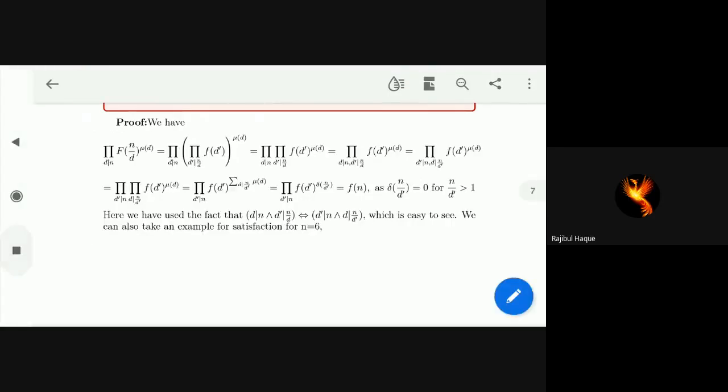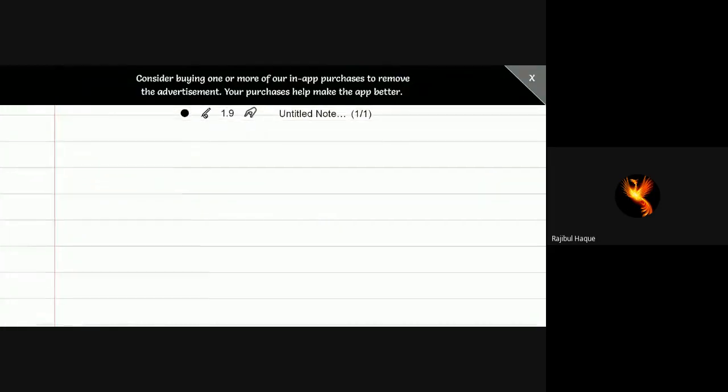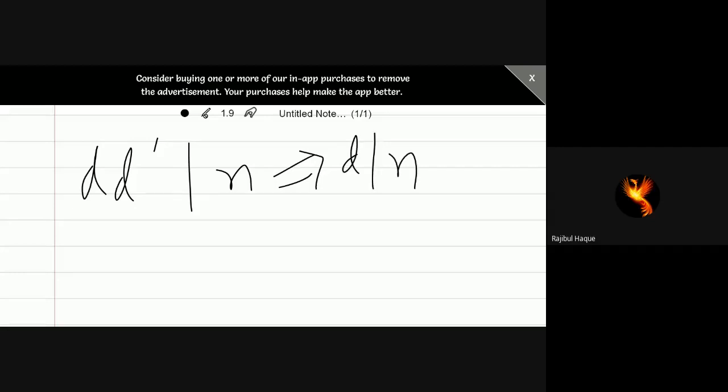If we write that, it might sound a bit confusing, but if we write it, we can easily see that d dash divides n, right? Now from here we can say that d divides n and d dash divides n. Can't we say that? We can, surely.